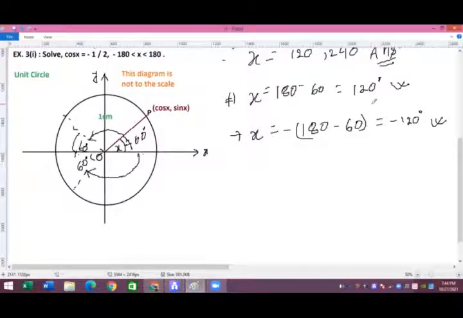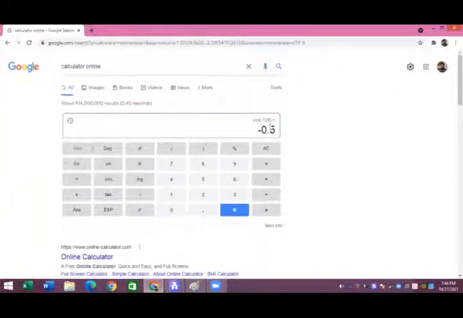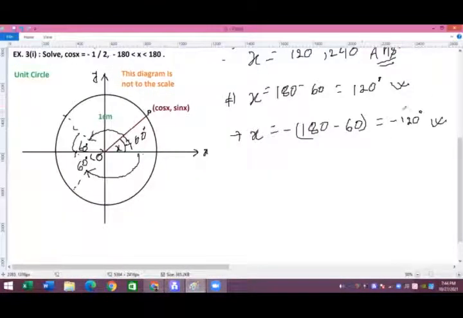For x equal to 120 degrees and also x equal to minus 120 degrees, we got the same value minus 1 by 2, because you can see here that cos minus 120 degrees equals cos 120 degrees, because you should know that cos minus theta equals cos theta. So that is the reason, and therefore the possible values of x in this case are minus 120 degrees and plus 120 degrees, at which the value of cos is negative, and these are the answers.